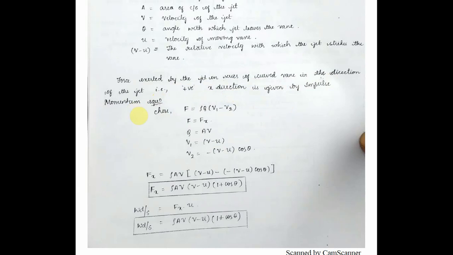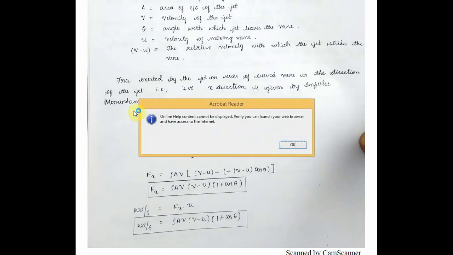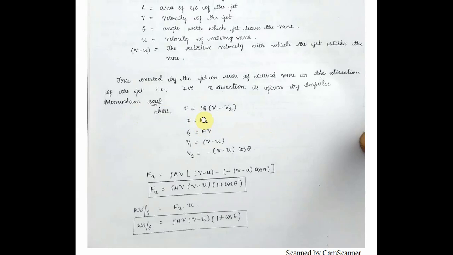Momentum equation: force F is equal to rho into Q, density into discharge, into V1 minus V2, where V1 is initial and V2 is final. So F is equal to F of x, the force applied in the x direction.